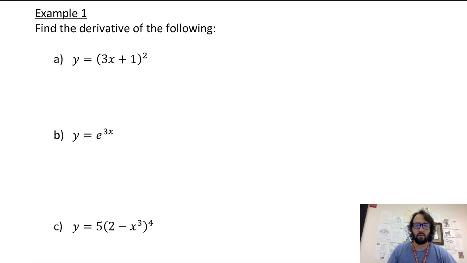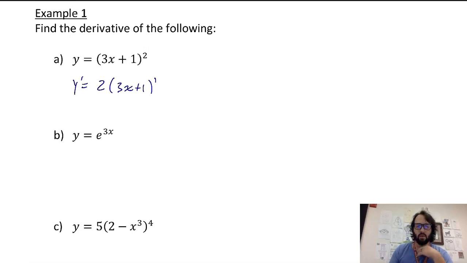And here we're just going to find the derivative. So before, you would have to break this up with the power rule and actually distribute 3x plus 1 times 3x plus 1, then use your power rule, then come up with the derivative. In this case, with the chain rule, the outermost thing that I see is that (3x plus 1) squared, which I can use the power rule with and say that this is 2 times (3x plus 1) to the first.